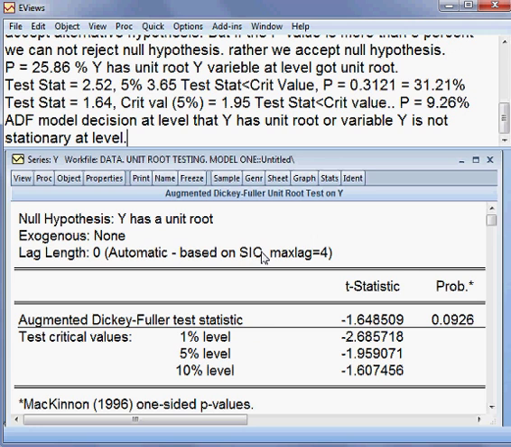So that is our decision about the y variable after checking 3 models of the augmented Dickey-Fuller test.